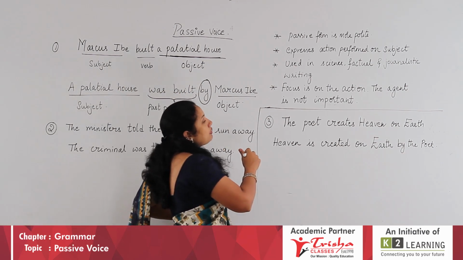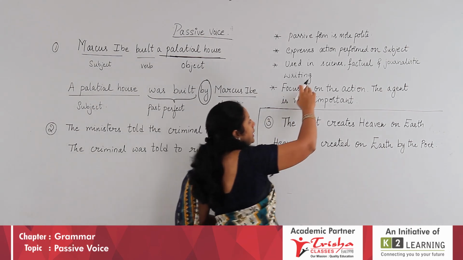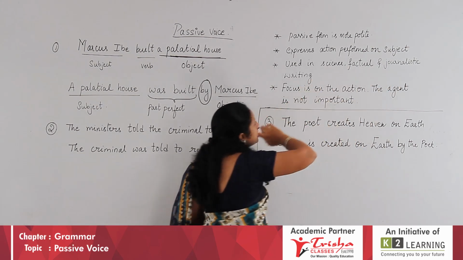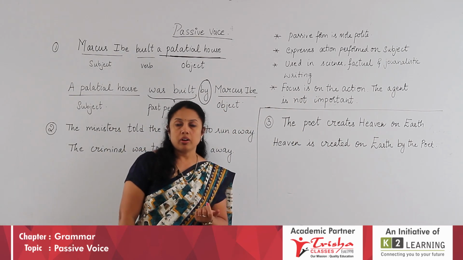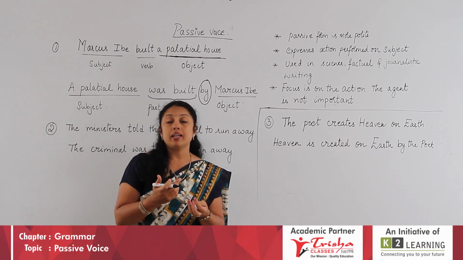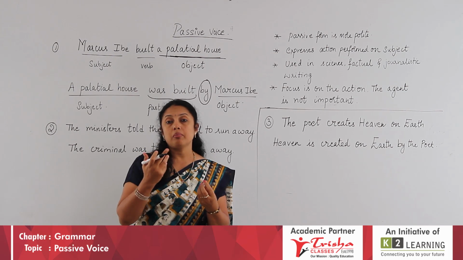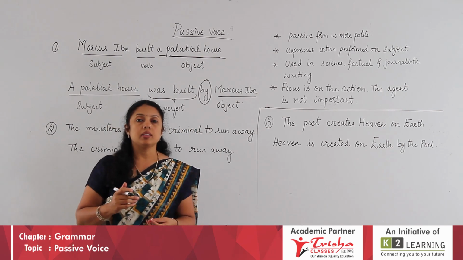Now this kind of writing, passive voice writing, is usually used in science, factual and journalistic writing. Whenever we have to write about science writings or articles, for example, we say the electric bulb was discovered by Thomas Alva Edison.